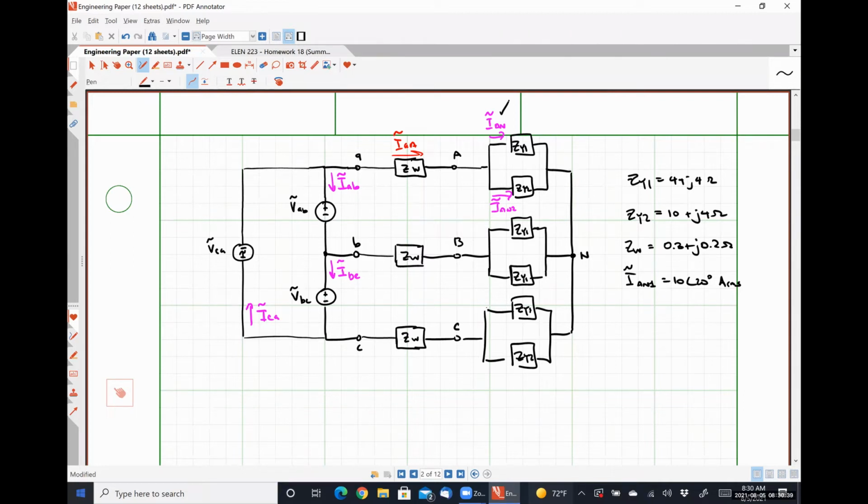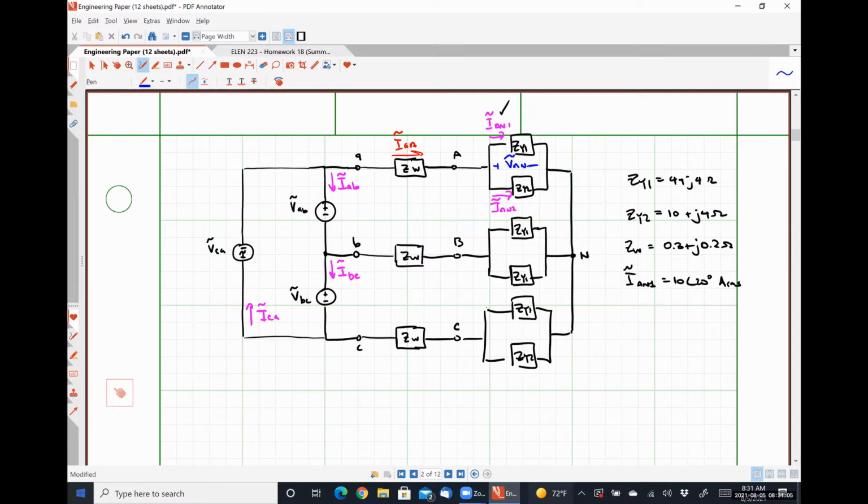Sure. So since we know what the phase current IAN1 is, I don't think I wrote the one here, we can use Ohm's law to figure out this voltage, VAN, right?